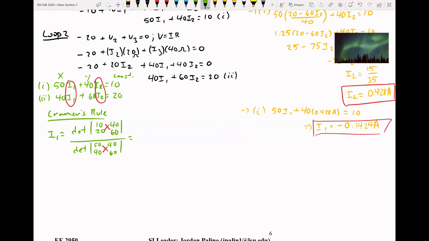Okay, so if we multiply these out, 10 times 60 minus 40 times 20 over 50 times 60 minus 40 times 40, negative 200 over 1400, which should give us negative 0.1424 amps.